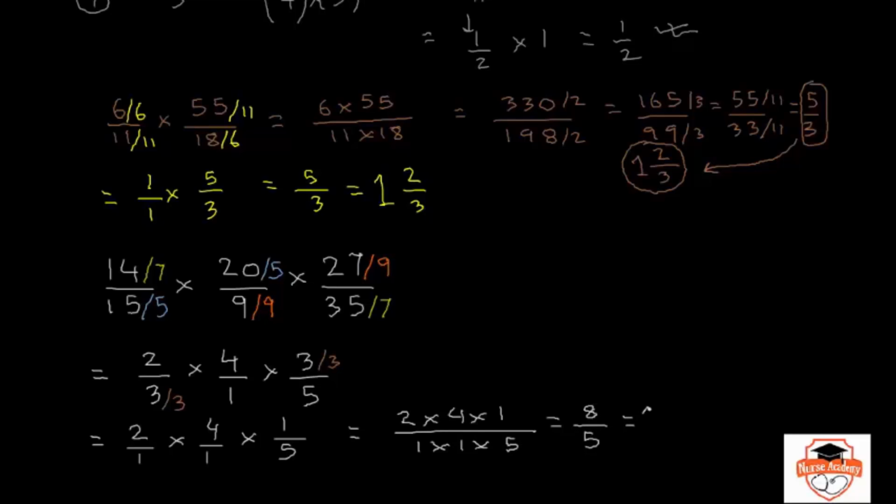This is 1 whole because 8 divided with 5 is 1. The remainder is 3. And then you have 5 as the denominator. Done. 14 over 15 times 20 over 9 times 27 over 35 is actually equal to 1 3/5. This is exactly why you should first simplify and then multiply. I hope that makes sense.